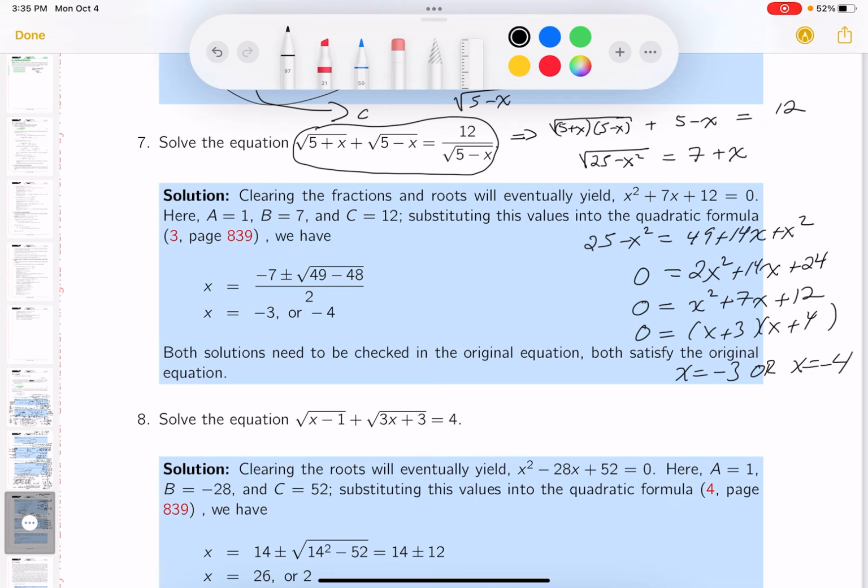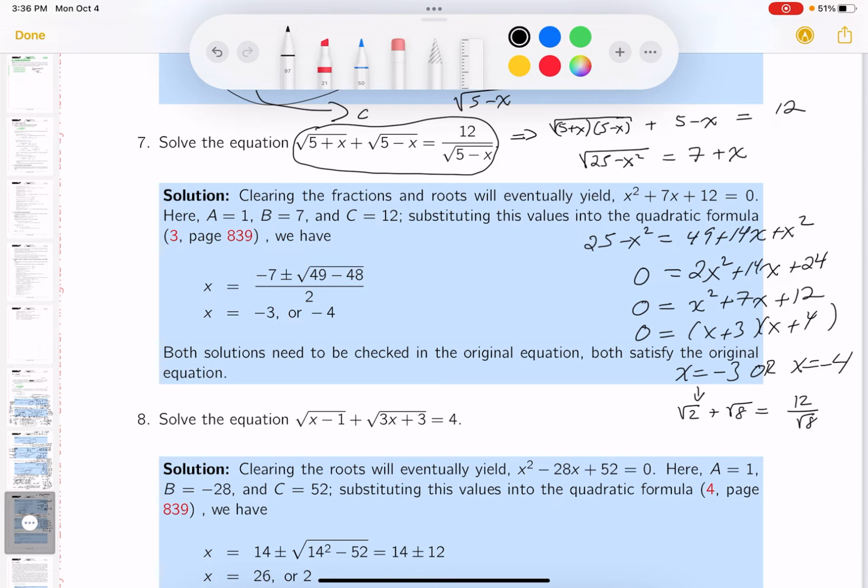So let's try the minus 3 first. I know it's tough, by the way. What are you going to get? Root 2, right? Plus root 8 equals 12. Well, it's going to be tough, isn't it? So I'm checking the minus 3, right? That's going to be root 8, right?